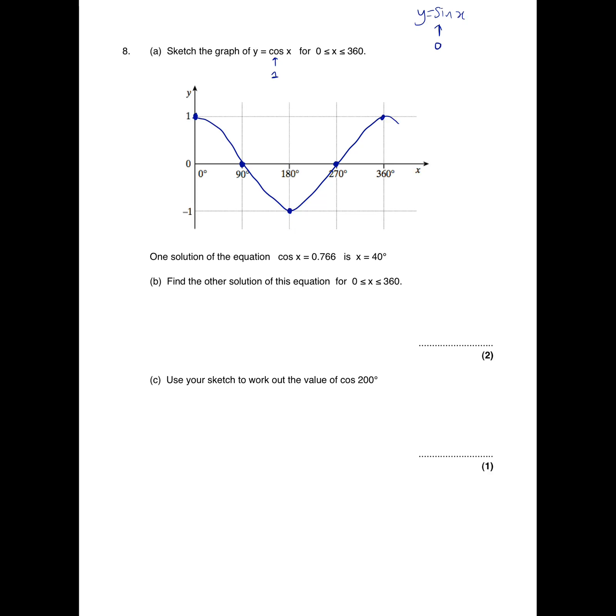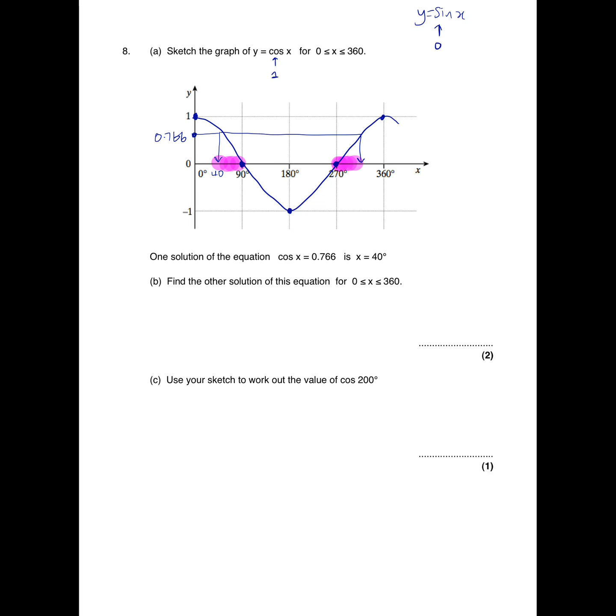One solution of the equation cos x equals 0.766 is 40 degrees. So if I decide to just show you 0.766 to be here, that solution would be 40 degrees. And it says where would the next one be? The next one would be just there. You can see that the gap between the 40 and the 90 is a 50 degree gap.